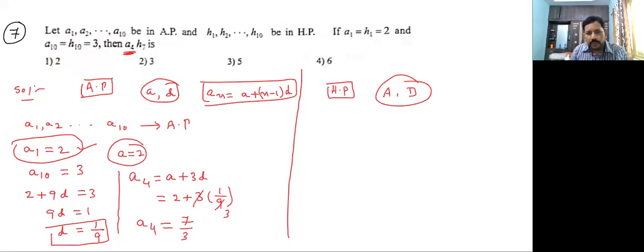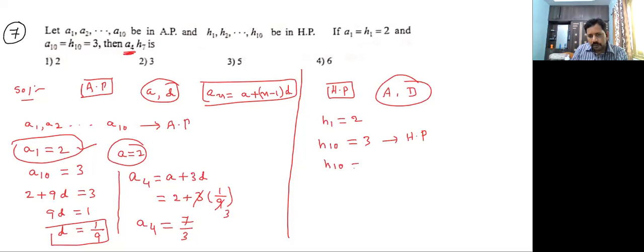Now go to HP series. What is H1? 2. What is H10? That is 3. H10 means, how to write? This is HP. Convert into AP. What do we get?